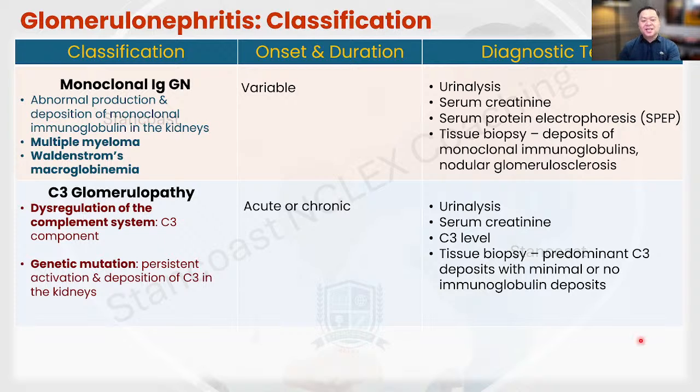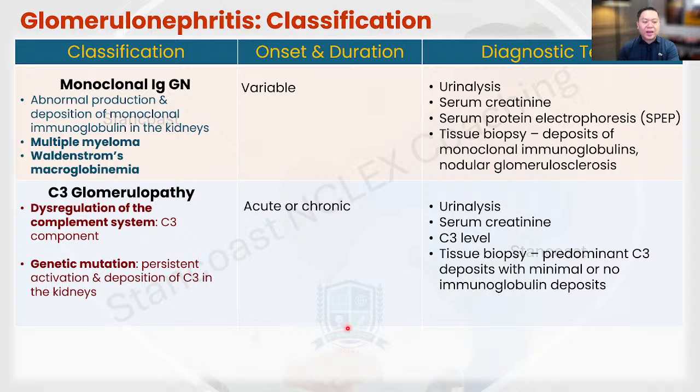So this is the type of glomerulonephritis that will cause the deposition of those antibodies, the immunoglobulins, into the glomeruli, causing inflammation as well. So when we are looking at the tissue biopsy or the kidney biopsy, we will be seeing those immunoglobulins depositing into the glomerulus.